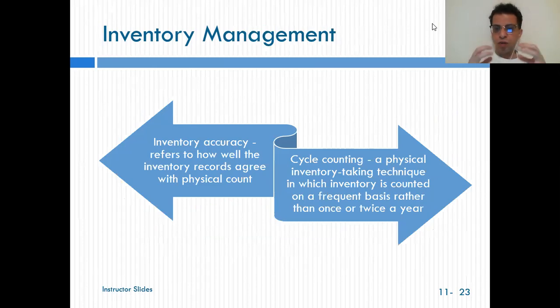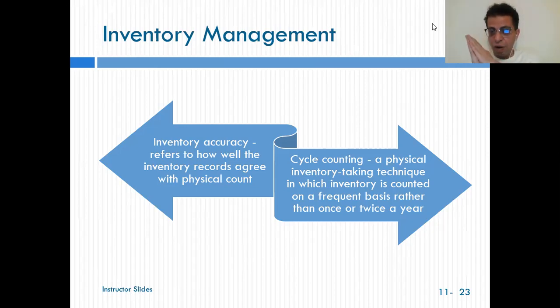So inventory management has two parts. One, inventory accuracy, which refers to how well the inventory records agree with the physical count. If your record says 100 and in the warehouse there is only 50, that's bad, and you have to catch up.